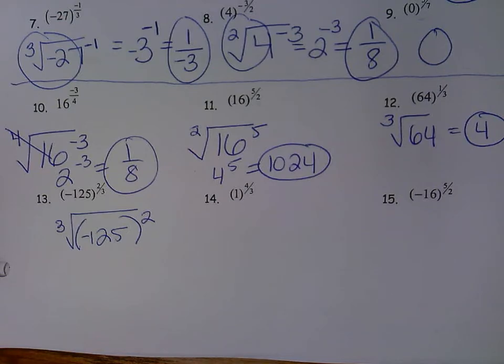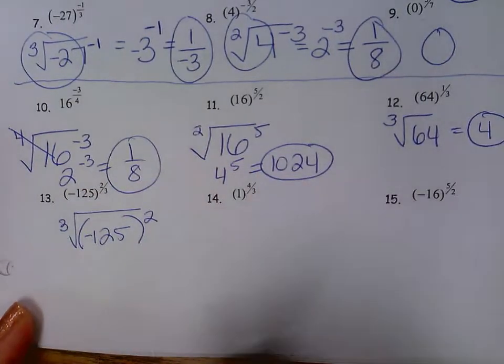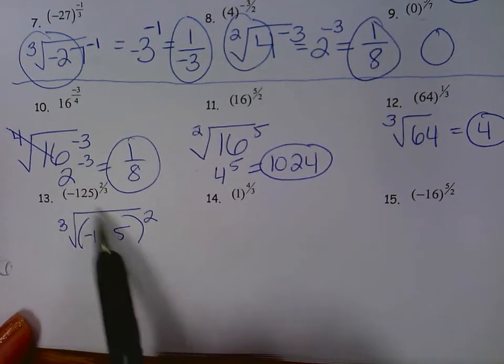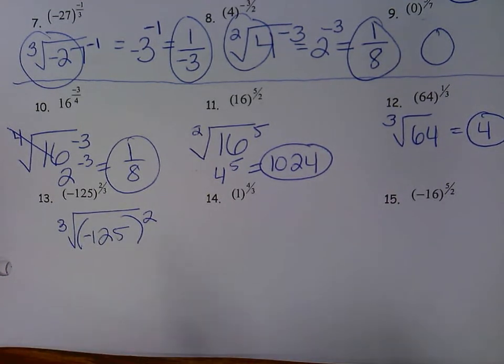So the cube root of -125 I can do because I have an odd number of -5s, right? -5 times -5 times -5 would get me back to -125. So the cube root of -125 is -5. And then that's still in a parentheses.